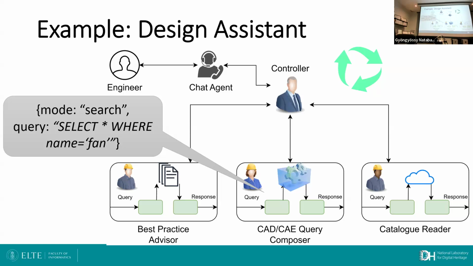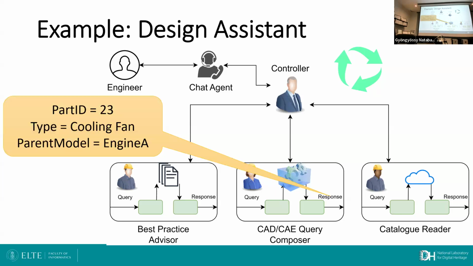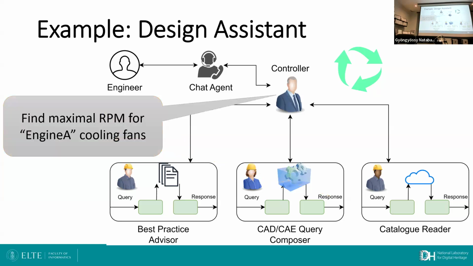In search mode, select everything where the name is fan. Then we will get that, okay, part ID 23 is a cooling fan for engine A. So then the controller says, okay, now second step, find the maximal RPM for engine A cooling fans.